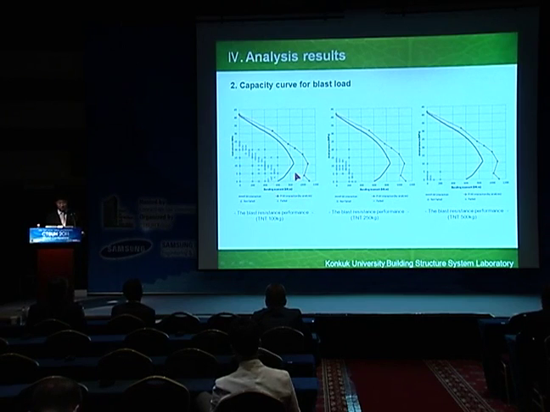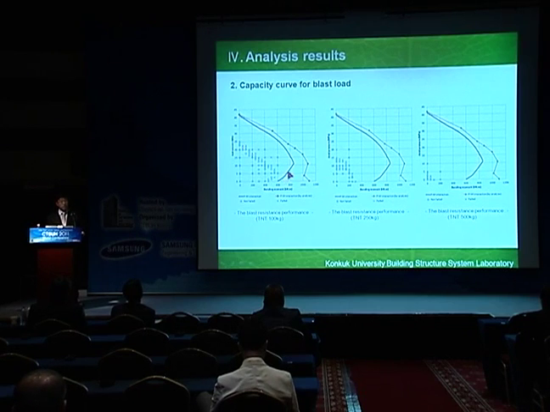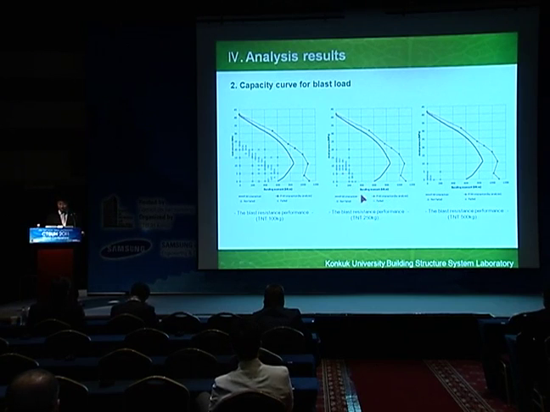Also, we found out that the shape of the capacity is quite similar to the PM diagram. So we can come up with some design chart by shifting the conventional PM diagram. As you can see, for the case of 250 TNT, the capacity curve is quite less than this case.